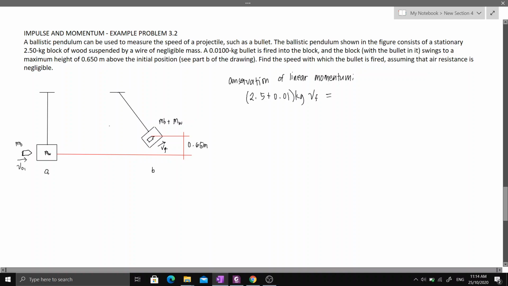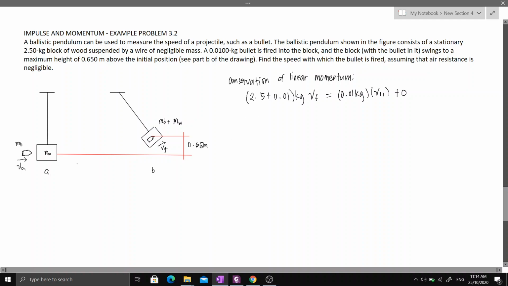So this is equal to the initial linear momentum, which is equal to 0.01 kilograms times the velocity of the bullet, which is equal to v sub O1, plus 0, since the block of wood is initially stationary.